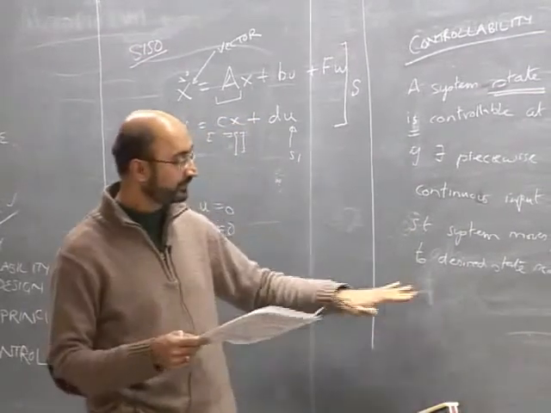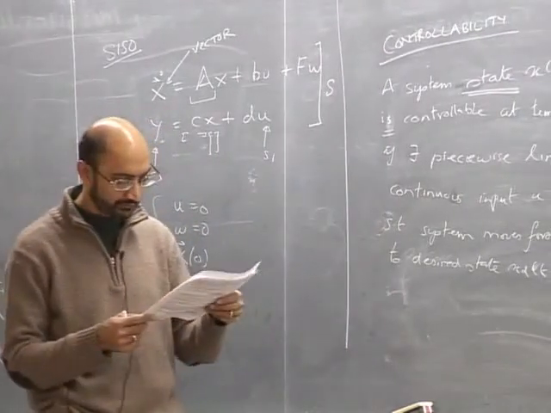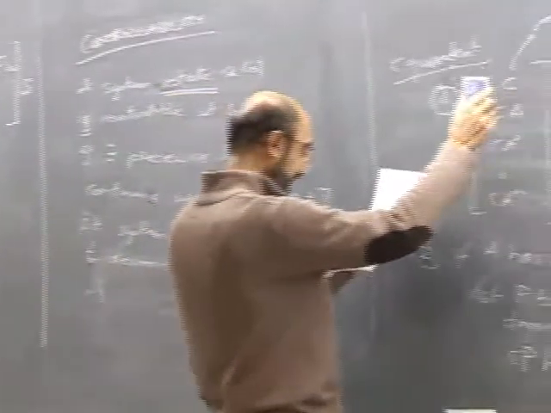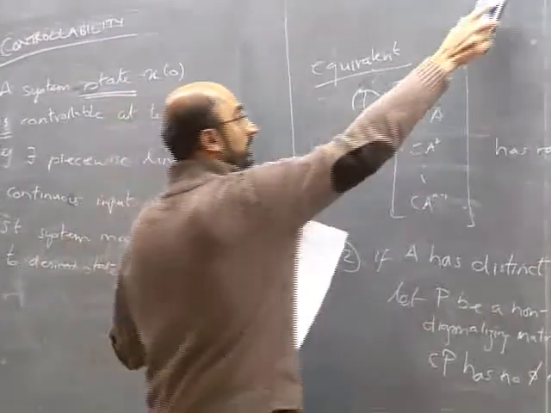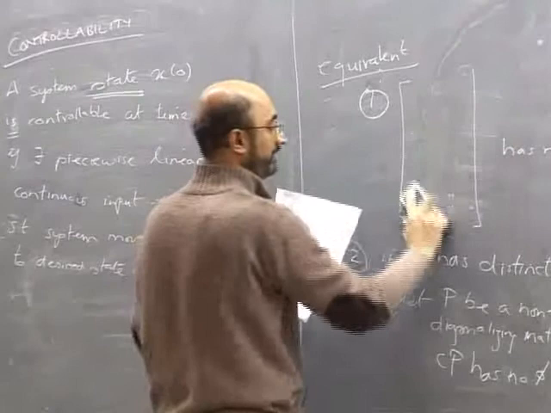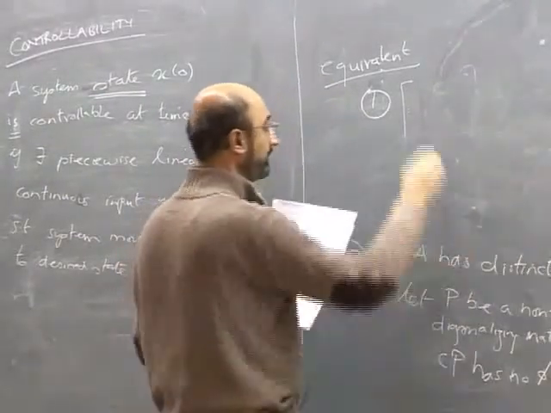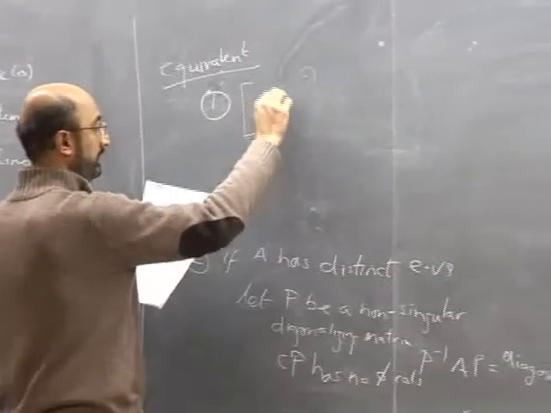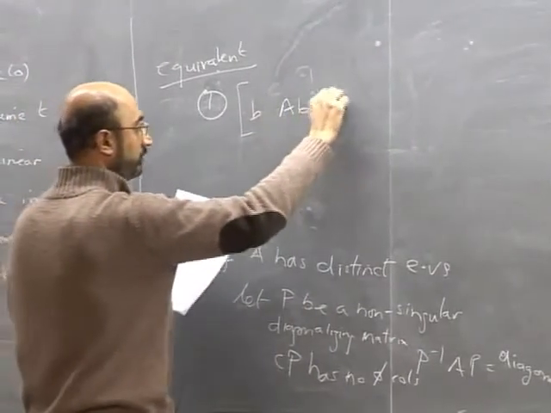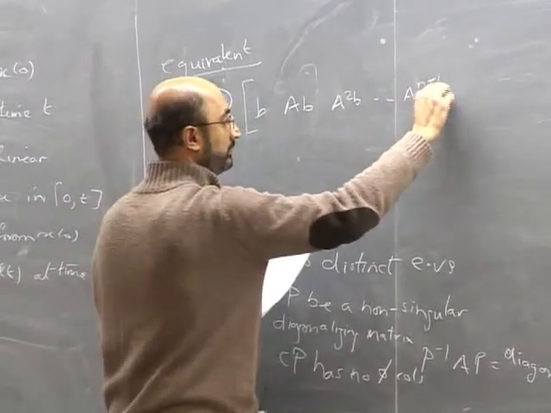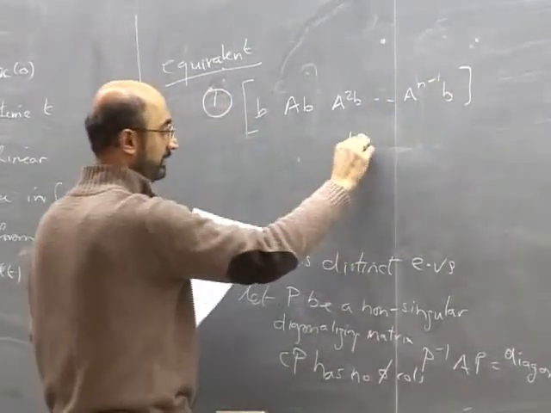So this is controllable, and if every state is controllable, it's called simply controllable. And this is going to be true if, similarly, we have the test. Instead of the column matrix like this, we have the matrix B, AB, A squared B, up to A to the n minus 1 B, which has rank n.